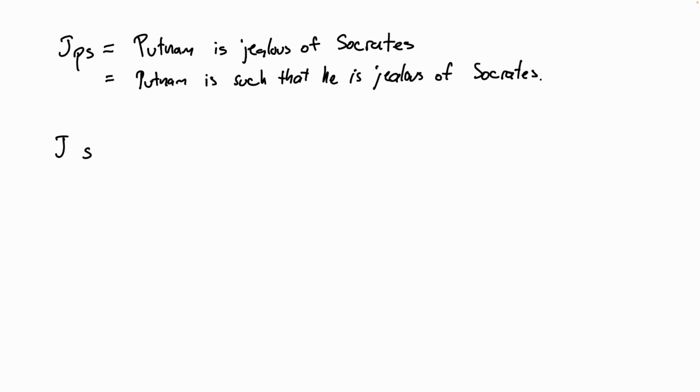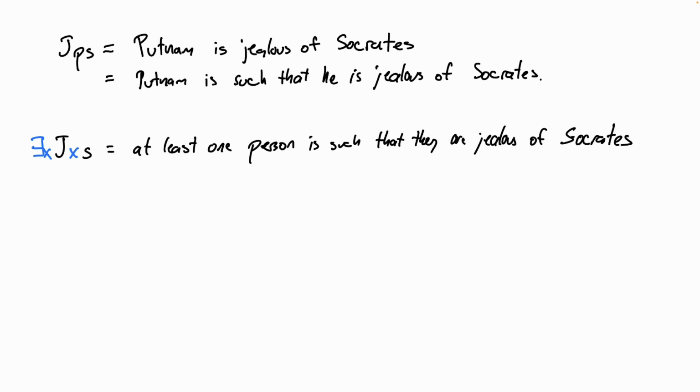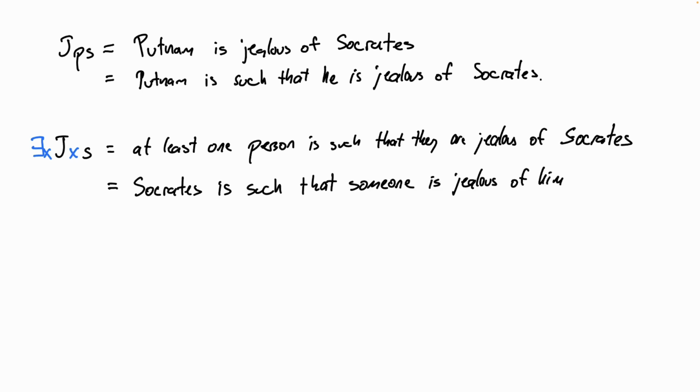Then existentially quantifying on P would be to say that at least one person satisfies that condition. That is, the resulting formula would say that at least one person is such that they are jealous of Socrates. That formula, in turn, can be seen as asserting that Socrates meets a certain condition, namely, he is such that someone is jealous of him.